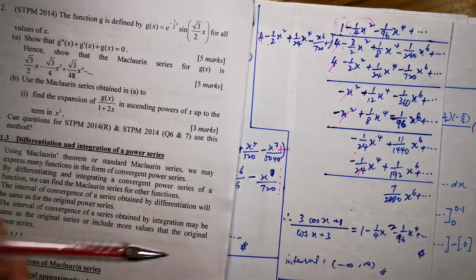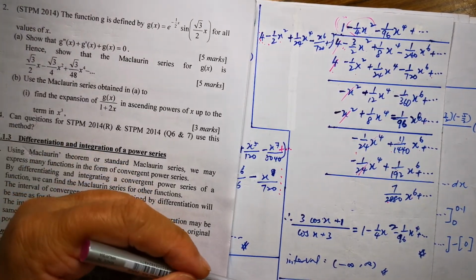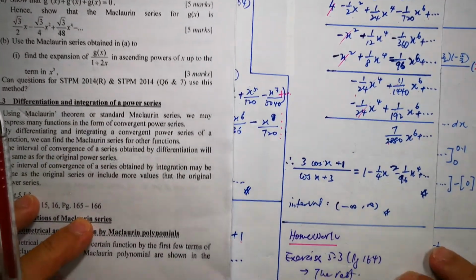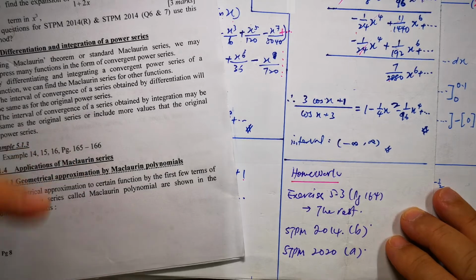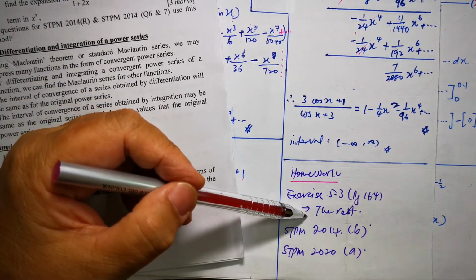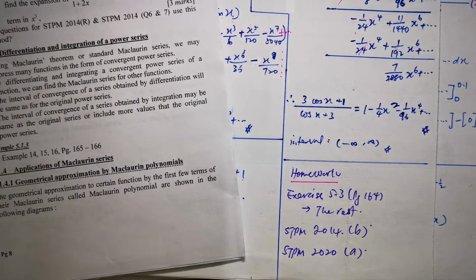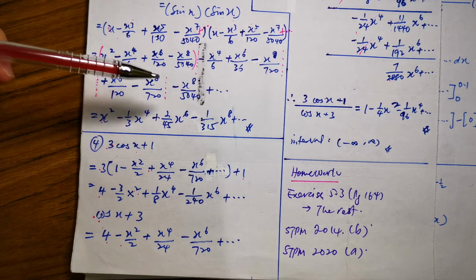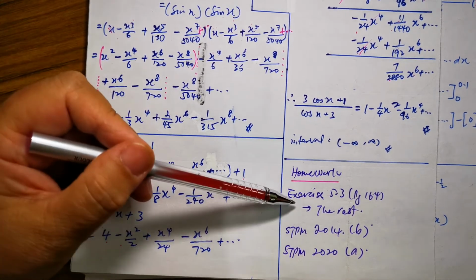So your homework will be exercise 5.3. Okay, the rest is like what I say. So your homework will be exercise 5.3 like what I say. Question 1 all, question 2. Question 3 and 4 I have discussed, and question 5. All right, this is your homework.